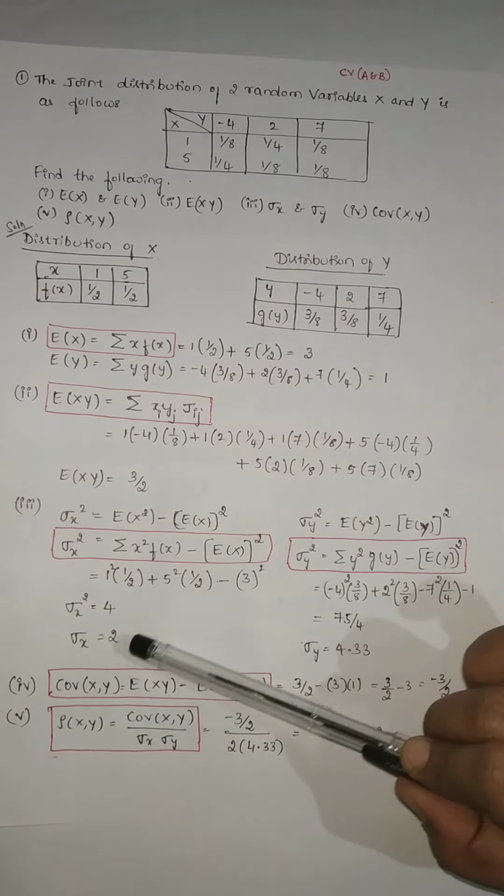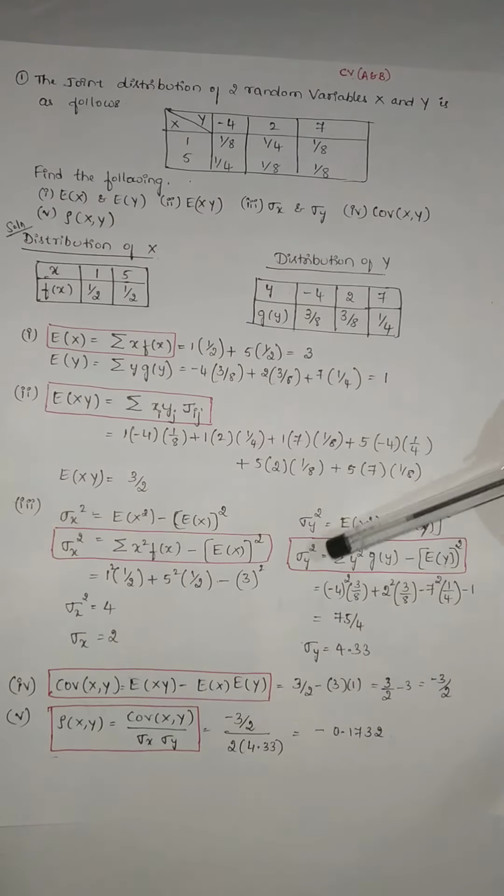In the same way you find the standard deviation for y, by taking the formula sigma y square is equal to summation y square into g of y minus E of y, expectation of y whole square.